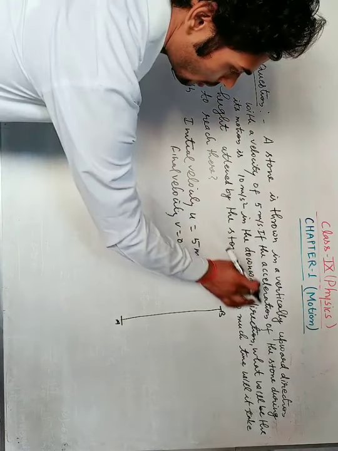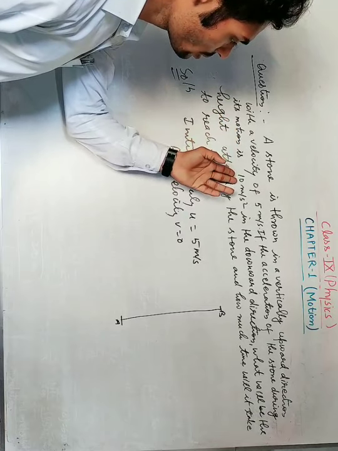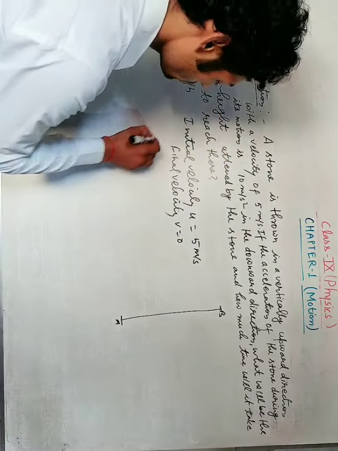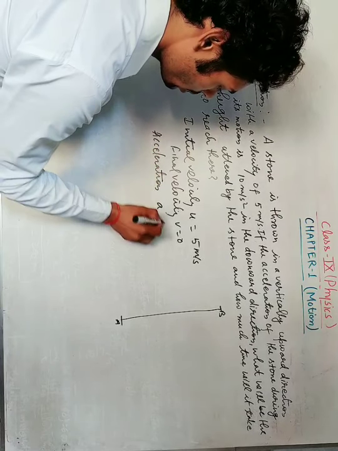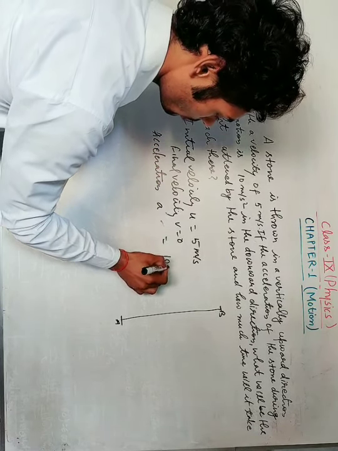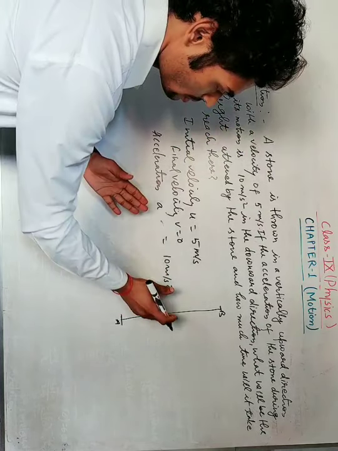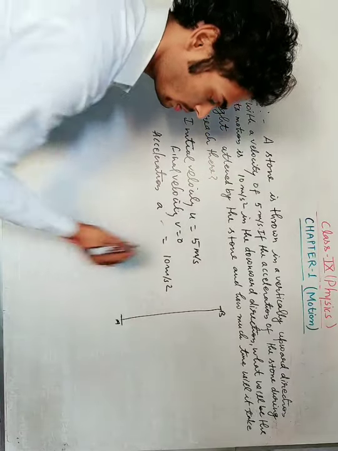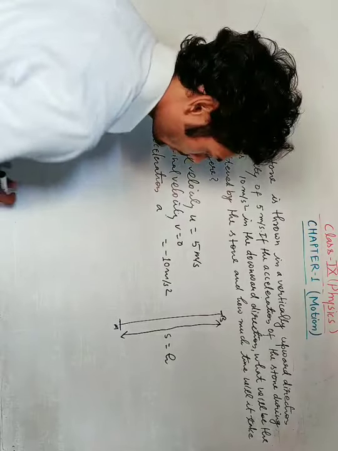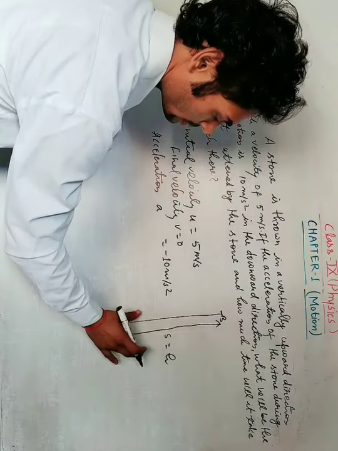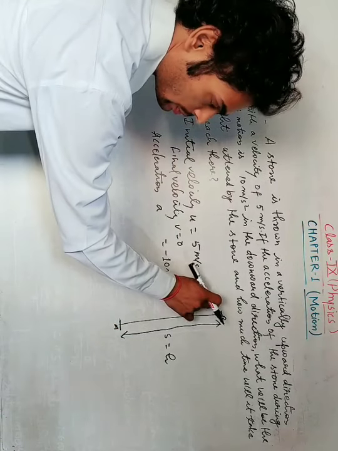The acceleration of the stone during its motion is 10 meter per second square, then acceleration a equal 10 meter per second square, but the direction of the acceleration is opposite to the direction of the velocity. Then acceleration equal minus 10 meter per second square. Then we have to find the height when the stone is thrown upward and reaches point B.